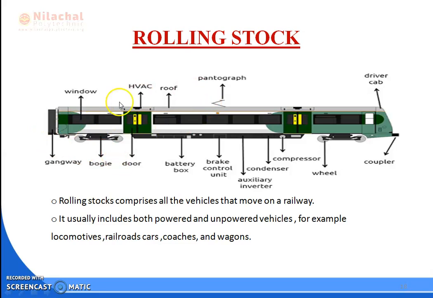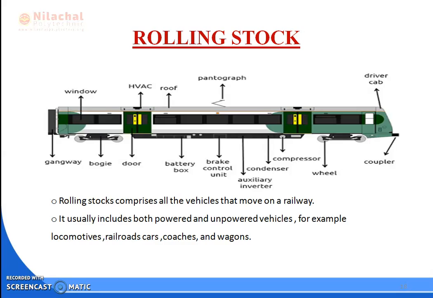So rolling stock normally means a locomotive engine, or it may be your wagons by which we transport our raw materials from the industries, or carriages where the passengers are moved, or vehicles on a railway. That is called your rolling stock. Normally it may be powered or unpowered vehicles, electric power, bullet train, or maybe your normal unpowered wagons also.